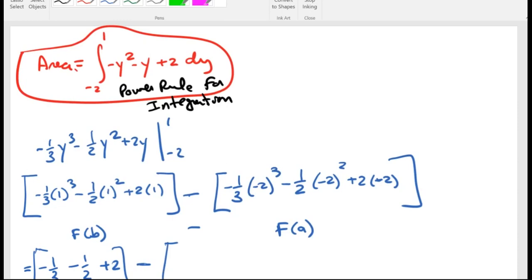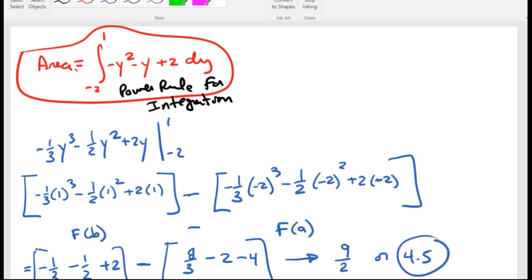That's because I don't want to lose the effect of this negative distributing through the right-hand side. Negative 2 cubed is negative 8 times negative 1/3 is positive 8/3. We have here 4 times negative 1/2, so it's minus 2, and then minus 4. And you can work this out and verify that all of this becomes 9/2 or 4.5.